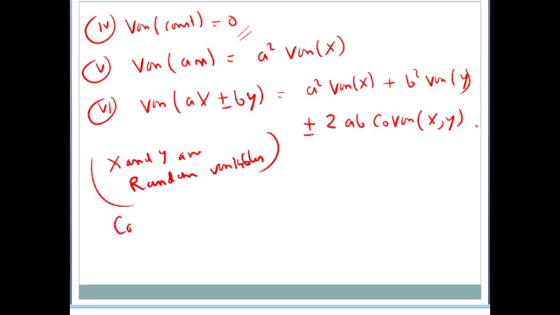Now what do you mean by covariance? Covariance of x comma y, where x and y are random variables.